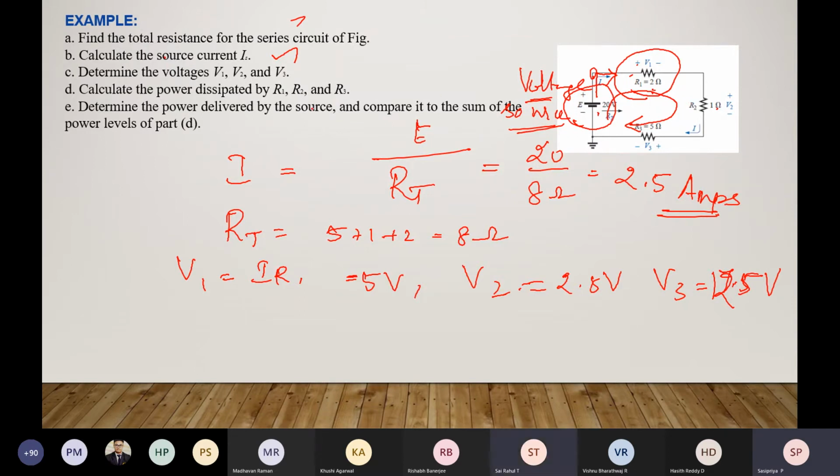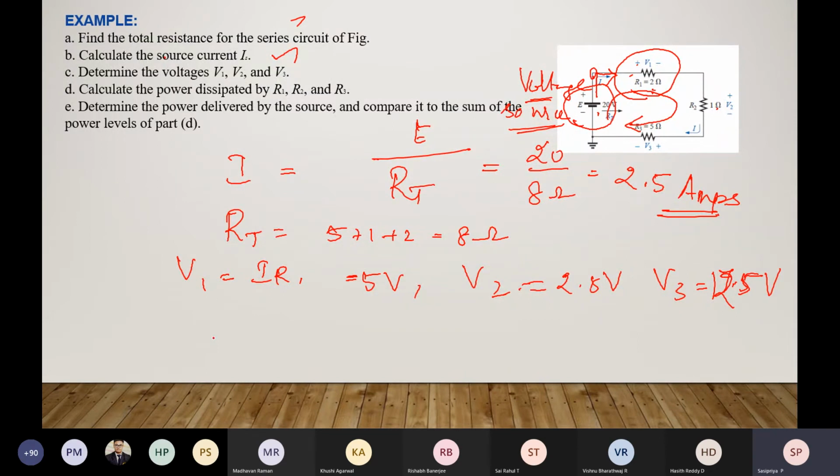Now the third question is to calculate the power dissipated by R1, R2 and R3. You can calculate I square R1, I square R2, I square R3, or otherwise you have V1, V2, V3, so V1 square by R1, V2 square by R2, V3 square by R3. And then determine the power delivered by the source.